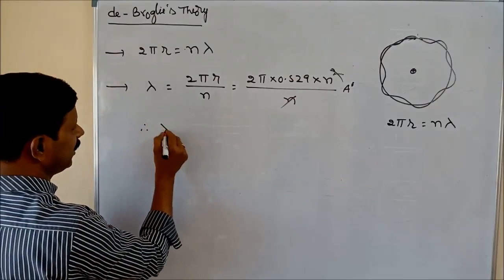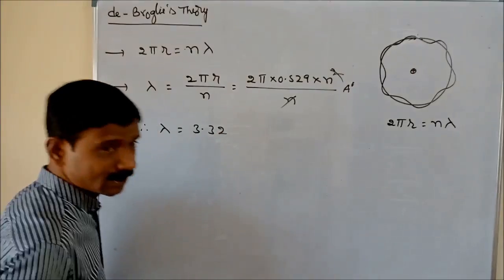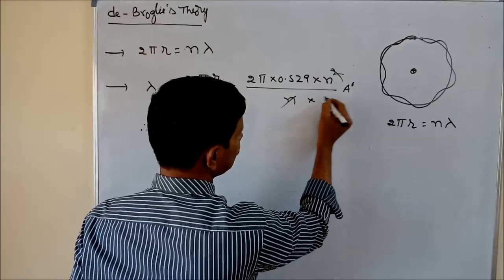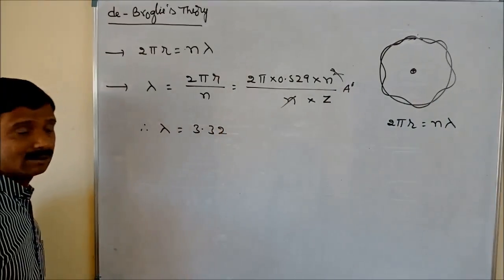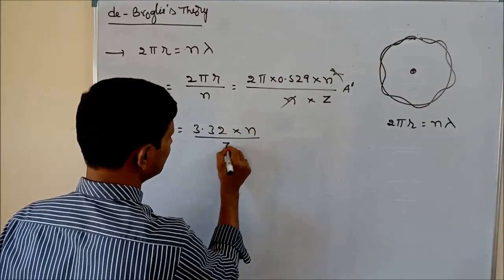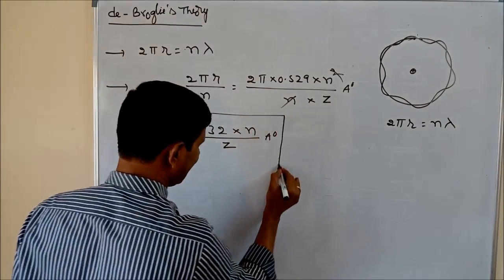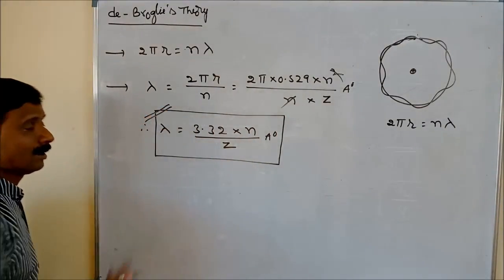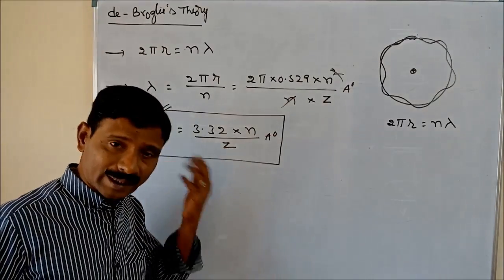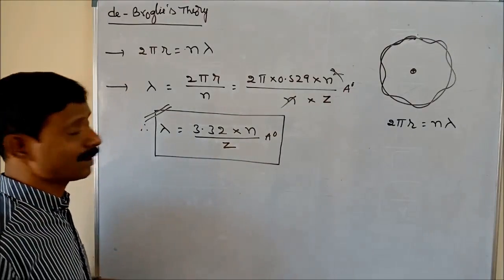After you simplify all those values, 3.32, and of course in the radius we are going to get Z also in the denominator. So now 3.32 into n by Z angstroms. This is one direct formula to find the wavelength of the electron in an orbit of either hydrogen or helium or whatever it may be. So by using this we can find it out.